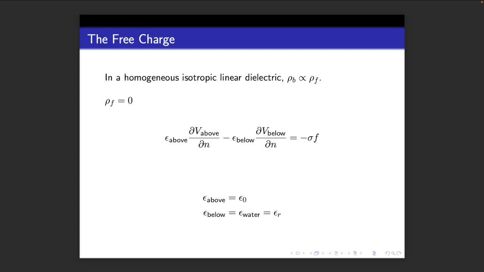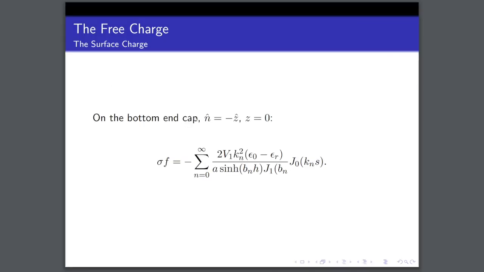We know that the permittivity above is the permittivity of air, the permittivity below is the permittivity of water, which we'll call epsilon sub r. And then we can solve for the bottom end cap, where our n hat is negative z, pointing out of the cylinder in the negative z direction.